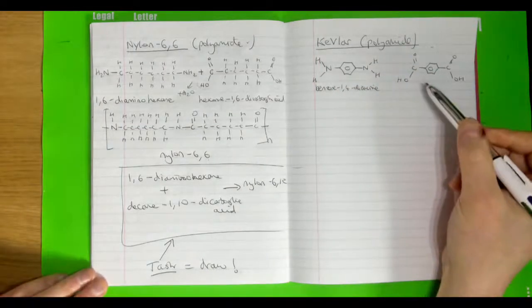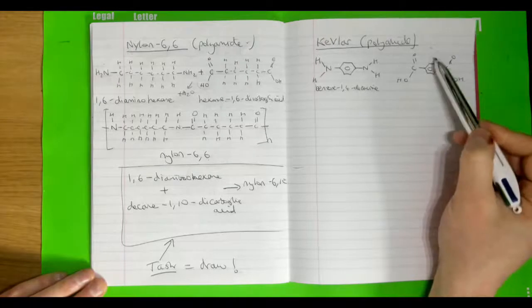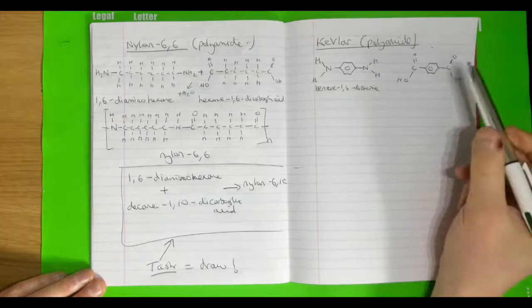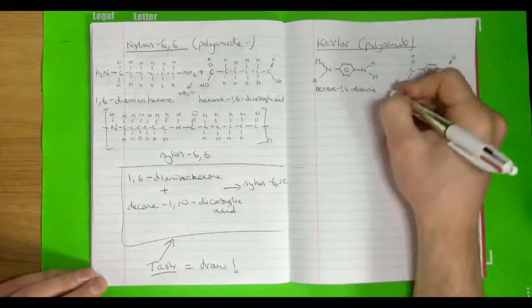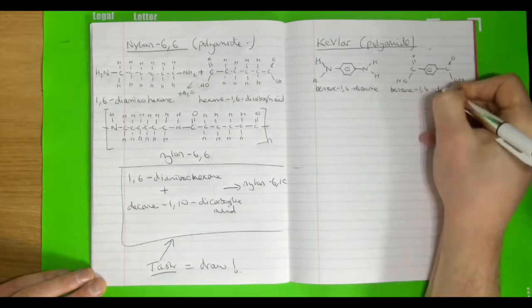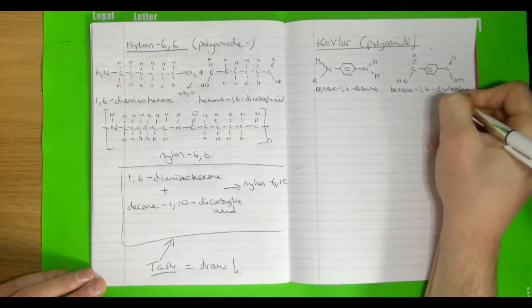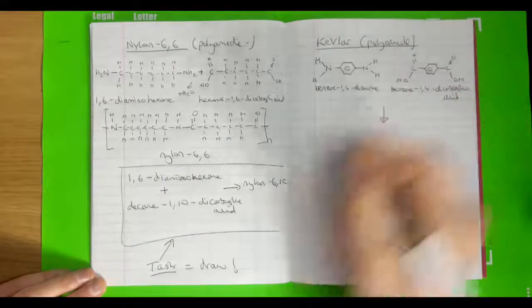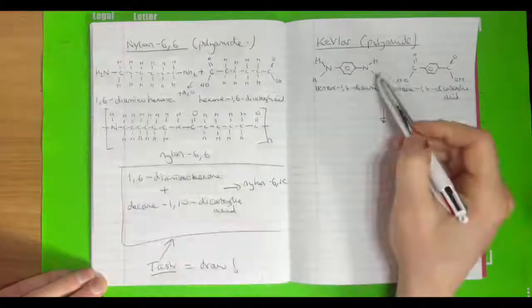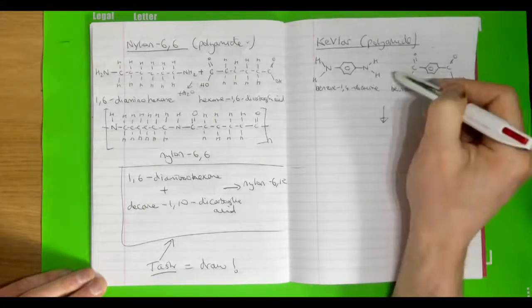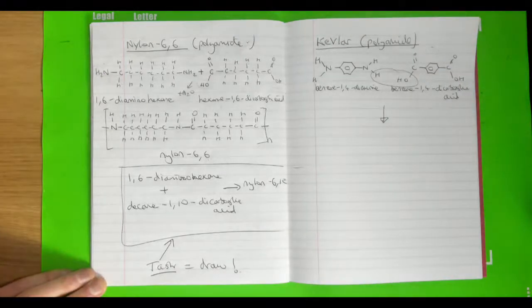And this one here, we've got a benzene ring with a carboxylic acid group coming up off carbon 1 and then one coming off at carbon 4. So it's benzene 1,4-dicarboxylic acid. And let's link these monomers together. Remember, it's the NH bond which breaks here and the CO bond which breaks there. That's your molecule of water. So let's draw Kevlar in this space here.